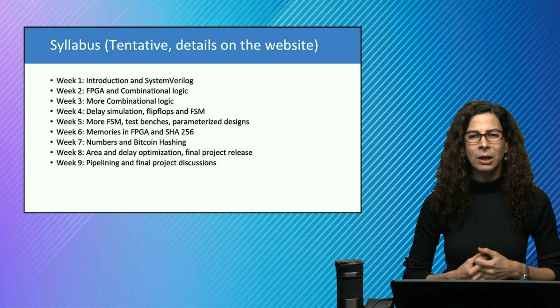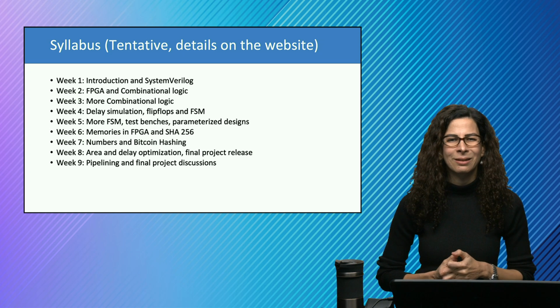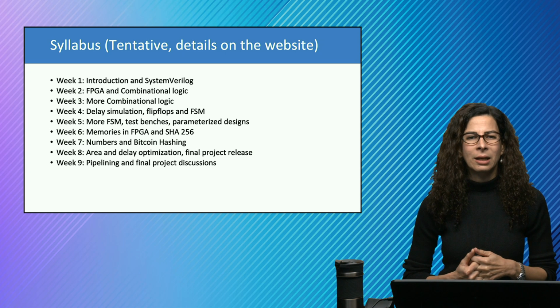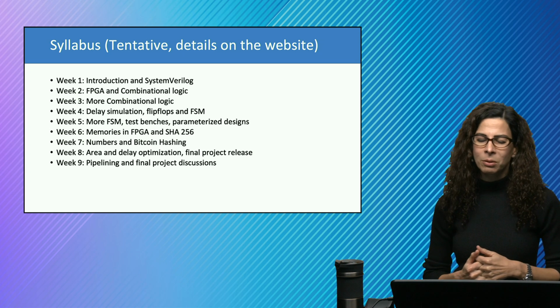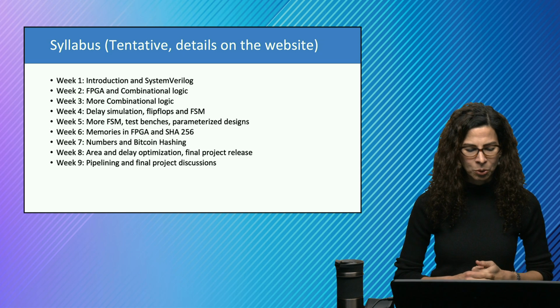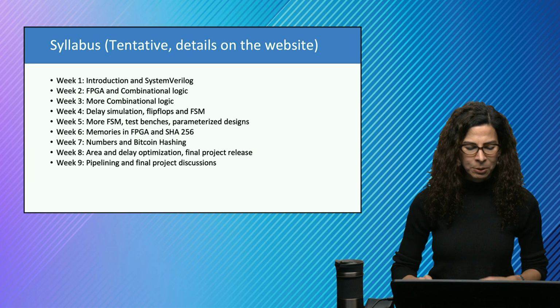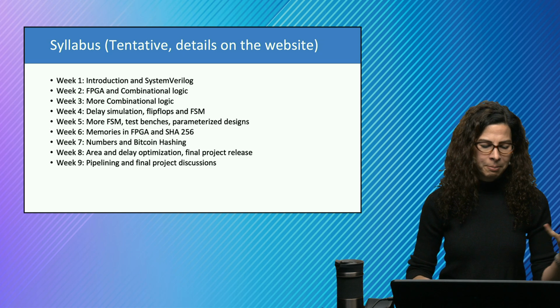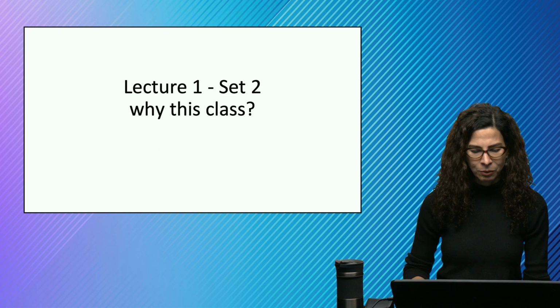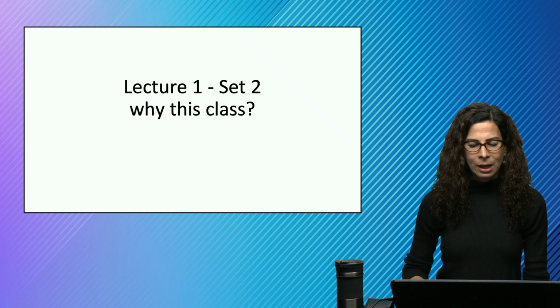We'll be talking about our project, which is basically a hash function and Bitcoin hashing in weeks 6 and 7. Then we'll be talking about optimizing this project, and the final project is in two stages. We'll be talking about how you could make this design much more optimized, and we will have discussions on that.